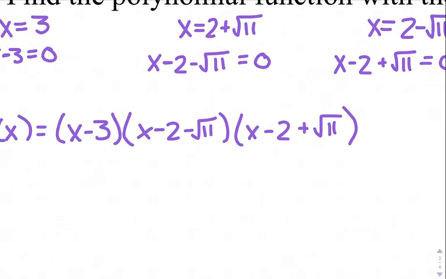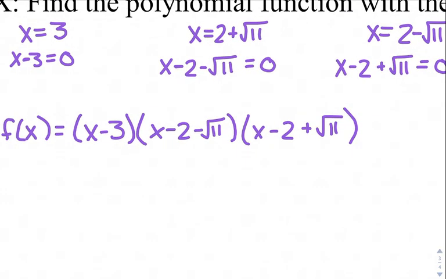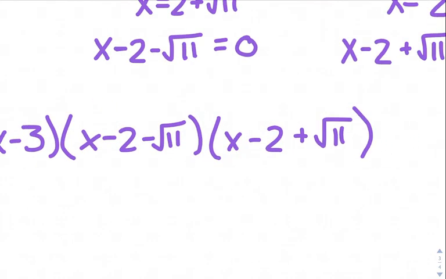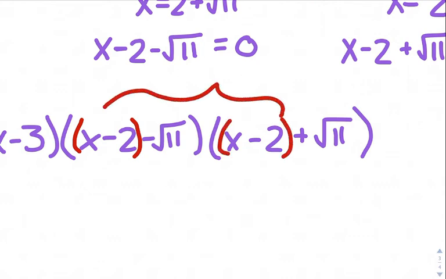So I want you to take a look especially at the radicals. So this is going to be a little bit tricky to see. But if I put parentheses around x minus 2 in both, this becomes a difference of squares. So I have x minus 2 in both my x spots, and then I have negative times a positive.